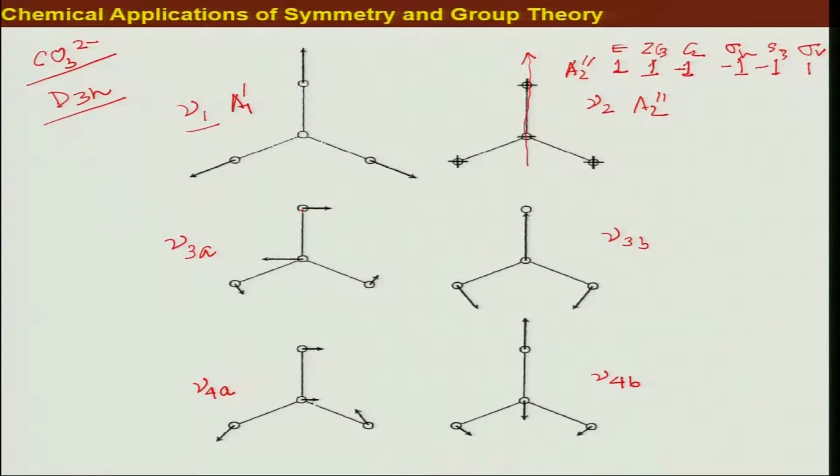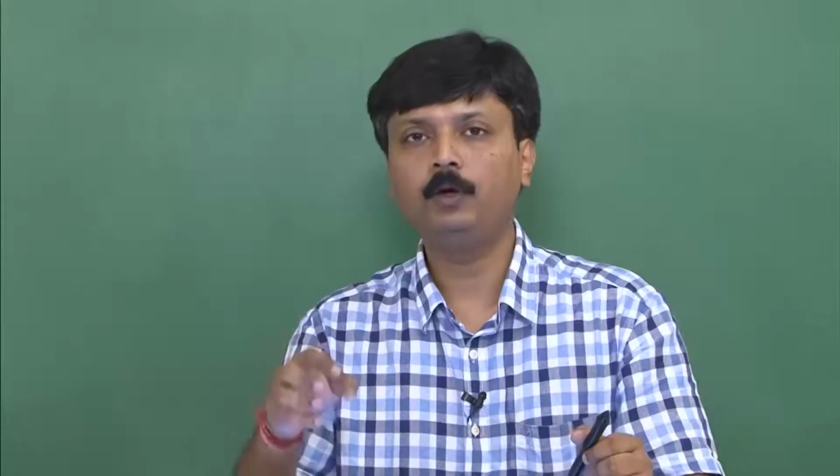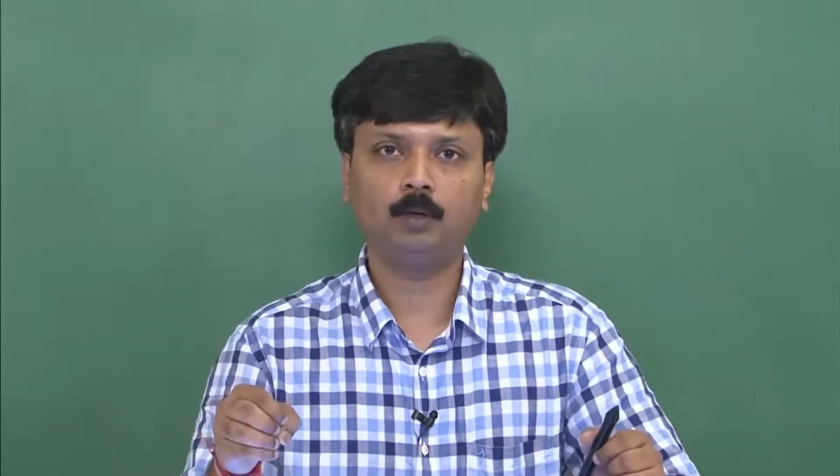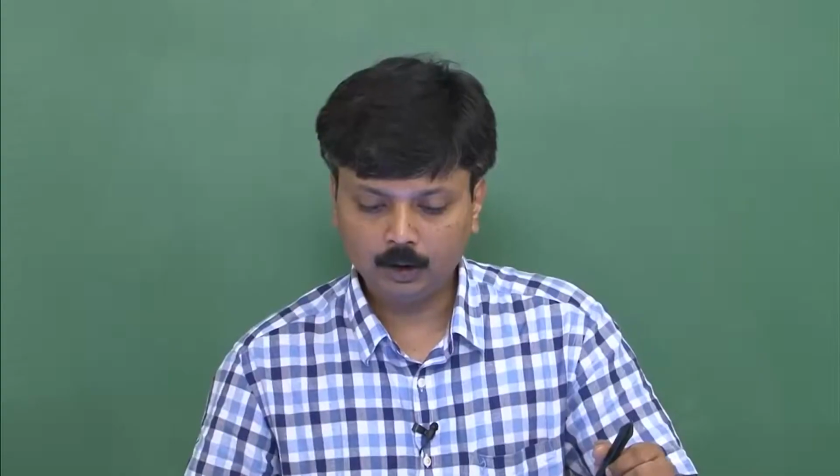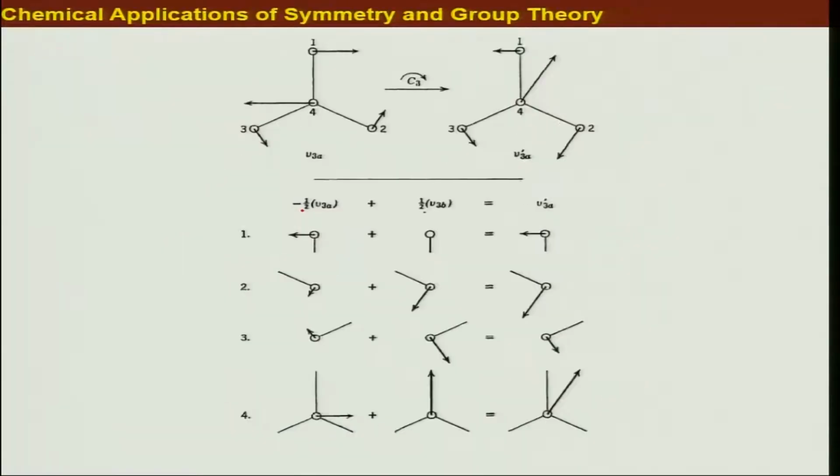So what will be the form of nu 3a prime? What we are saying is this nu 3a prime will be a linear combination of nu 3a and nu 3b, and similarly nu 3b, when we operate any symmetry operation, that will also be a linear combination of nu 3a and nu 3b. So let's show how it is going to work.